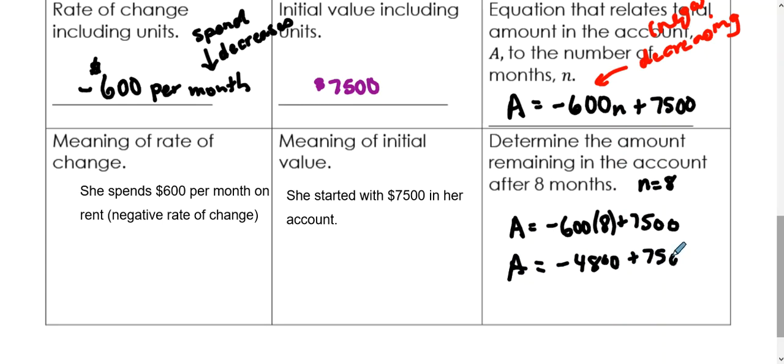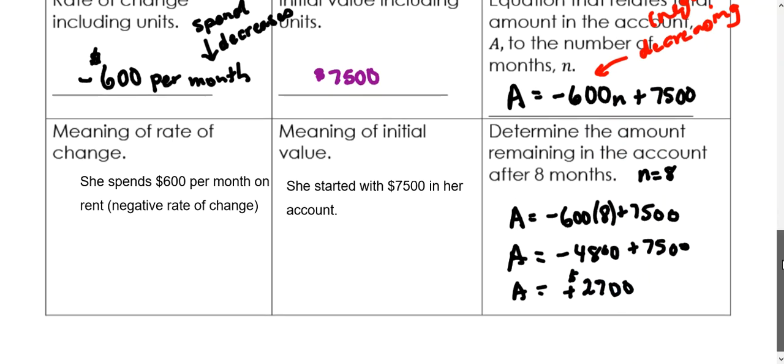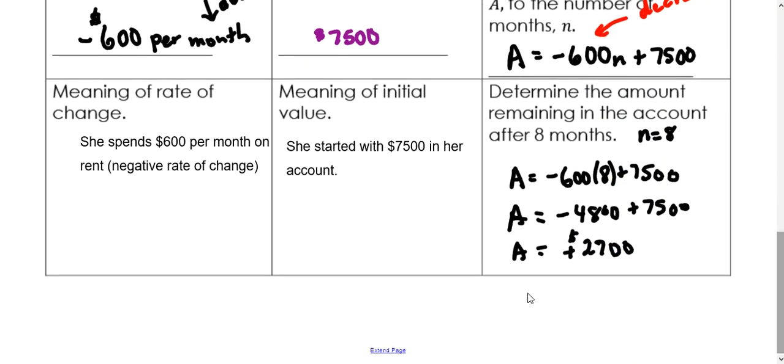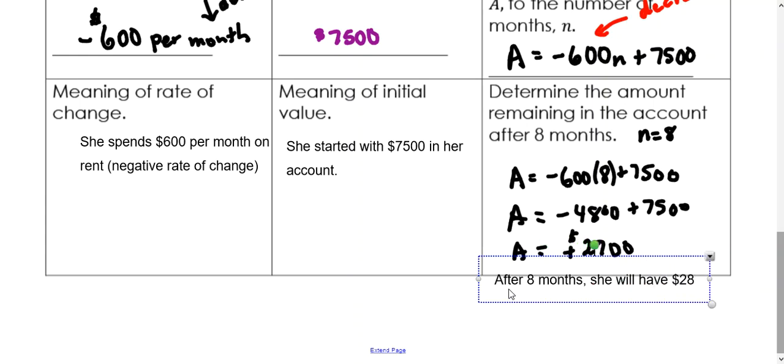And then we're going to subtract that off. All right. So after 8 months, she will have $2,700 remaining in her account.